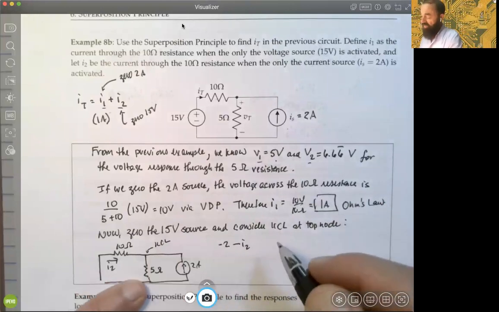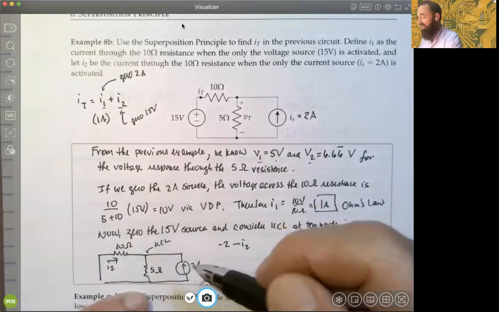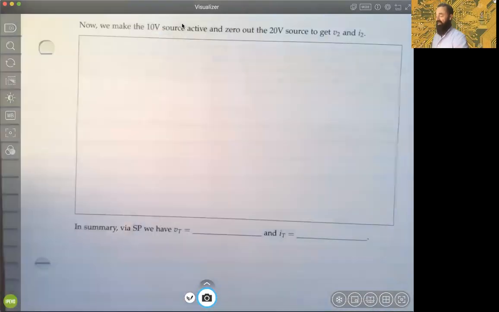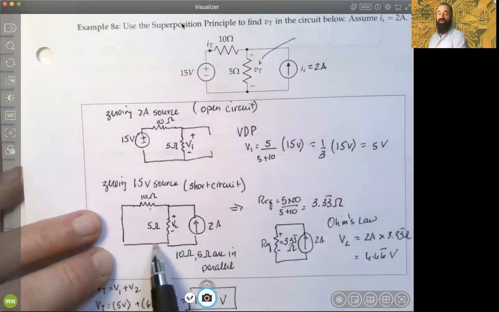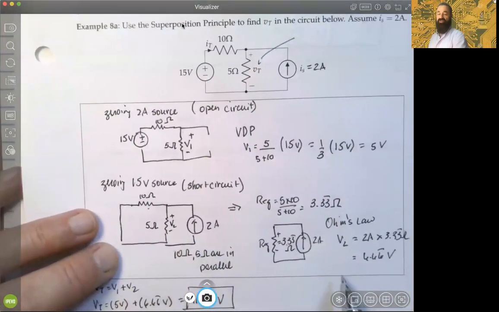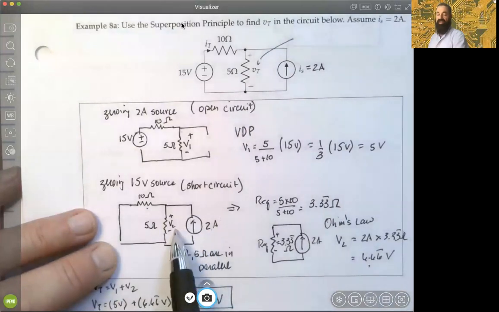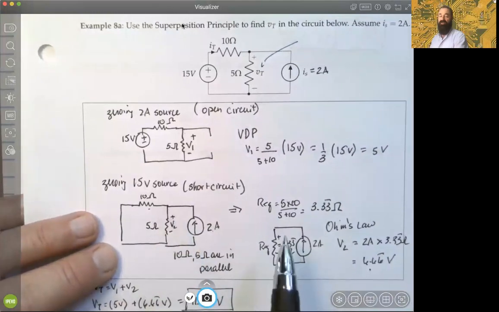Well, I already know how to describe the voltage up here, because I did that in the previous problem. If we go back to the case of zeroing out, I just want to illustrate, we already know what this voltage is. We've already determined it, there it is. So we're back to this situation again, and the voltage associated with this node up here is going to be V2, okay?